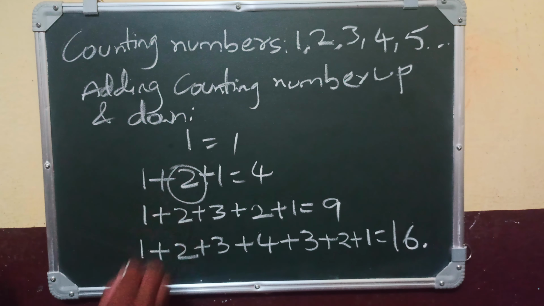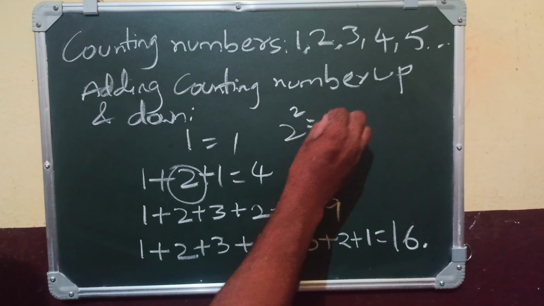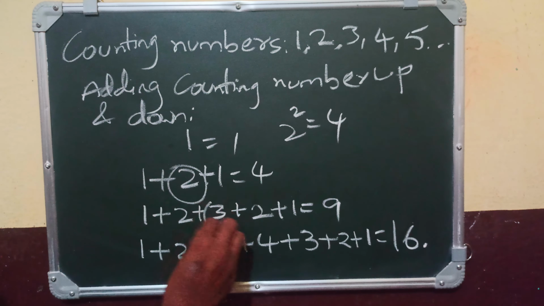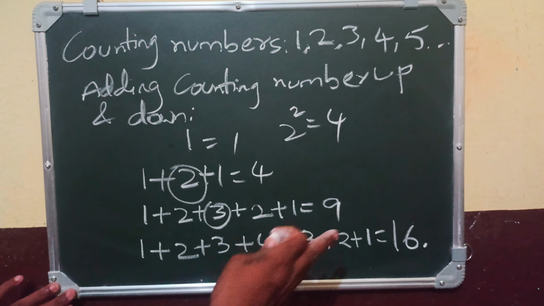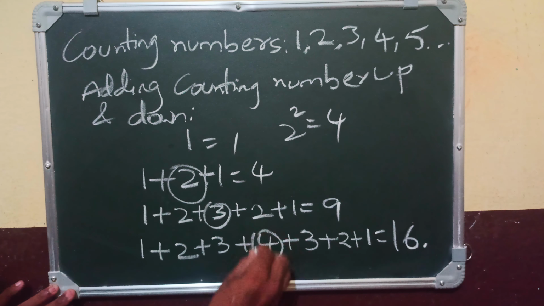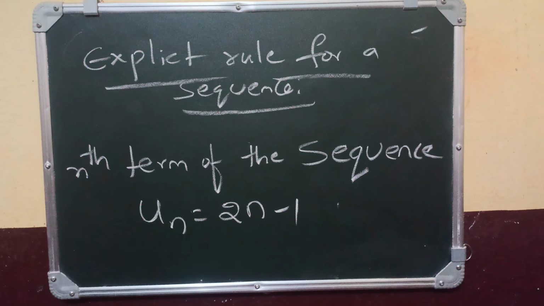Here the highest value is 2, just multiply its square. 2 squared is 4. In this one the highest is 3, 3 times 3 is 9. Here the highest is 4, next 5, 5 times 5 is 25. Next the highest is 6, 6 times 6 is 36. Like this we continue the process for all the steps.